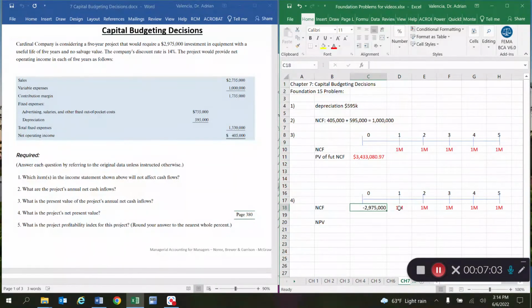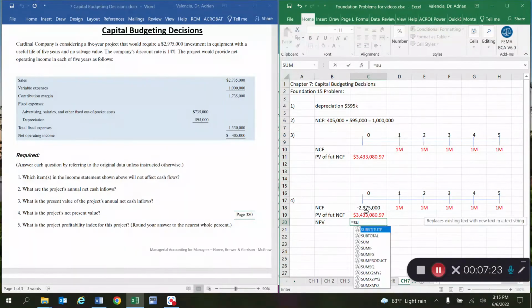And this one is negative because of the fact that we're investing. Money is going out. Okay? We know what the present value of all the future cash flows are that we did before. So I'm putting that one down. And then the NPV would be the net of these two.